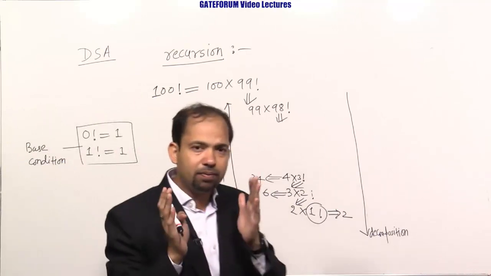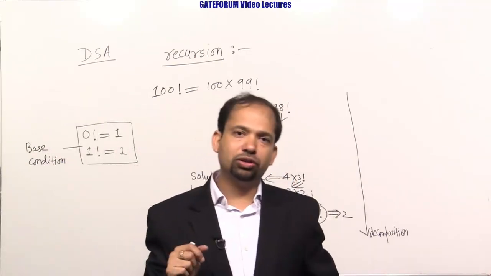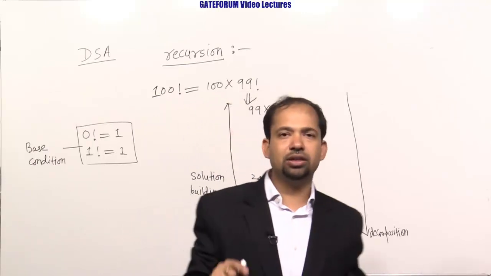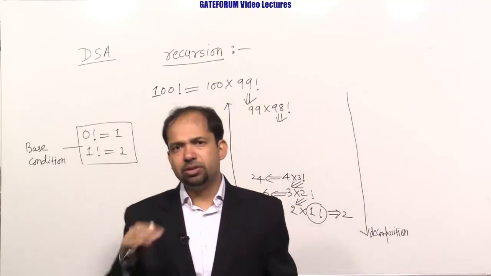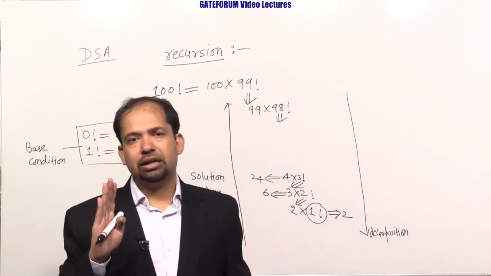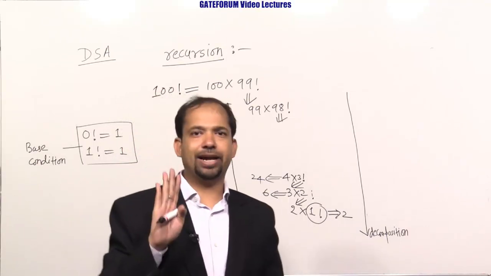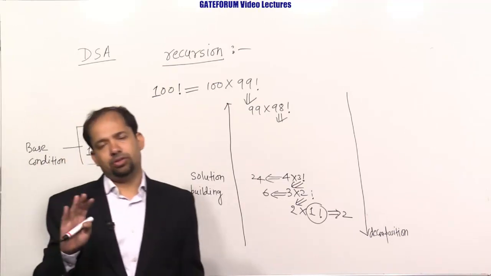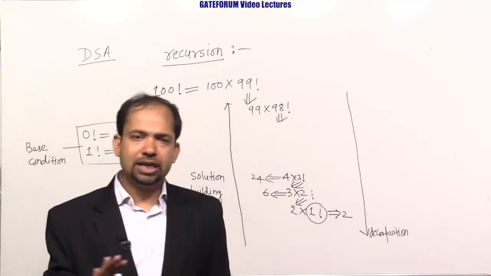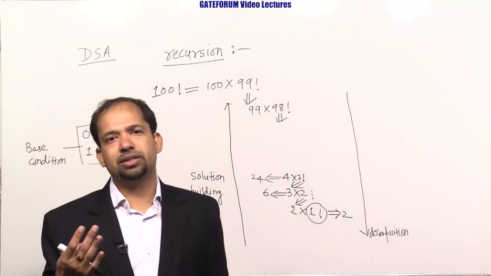If we have a problem that you can solve using recursion, and you also solve it without recursion, you can compare which one is better. Many times, or almost all the times, recursion takes more or equal time than a non-recursive method. Again I am repeating, recursion takes more or equal time than any other method.